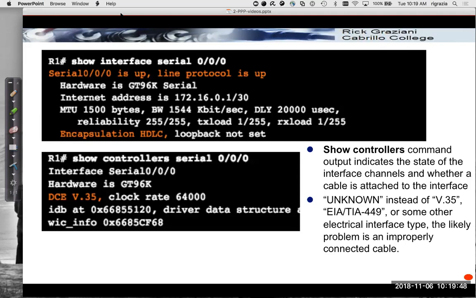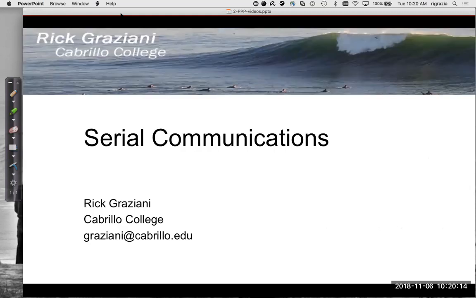Depending upon the type of interface, it might be an EIA/TIA-449 or something else. But if you ever see unknown there, instead of DCE V.35 in our example, then chances are you have some kind of interface problem, maybe a loose cable or the cable isn't connected at all. Okay, all right, so we'll talk a lot more about serial communications in the upcoming videos.